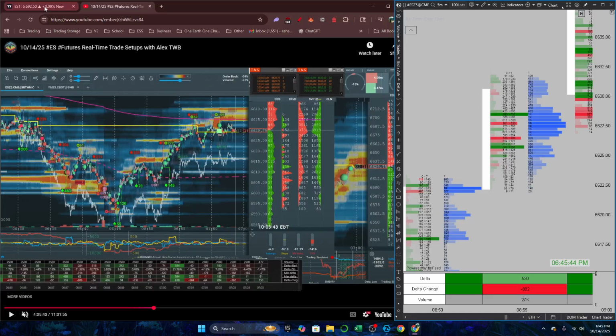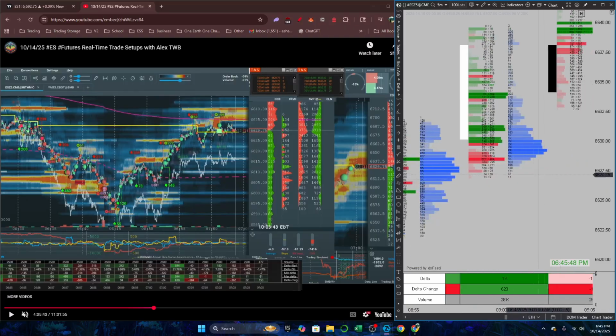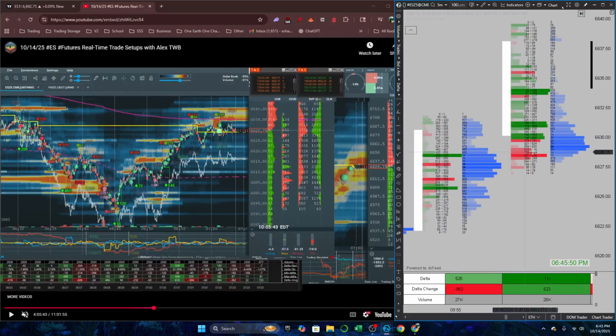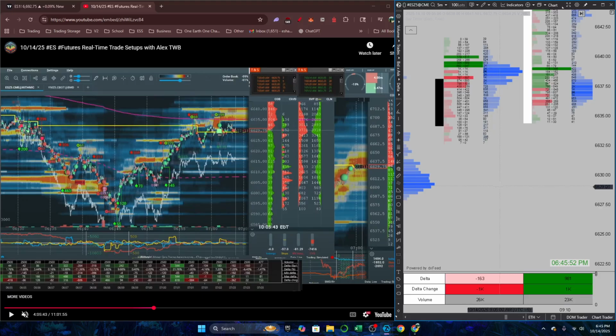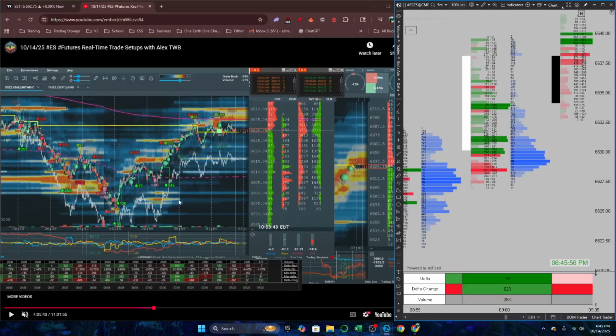And here was a place I actually circled for a potential trade because why? We saw lots of selling absorption here. We didn't enter into anything though, but perhaps there was something to be entered. That's what I'm looking to see.